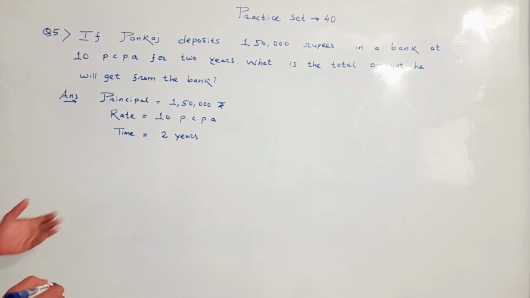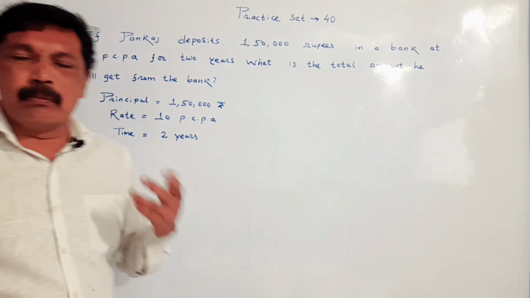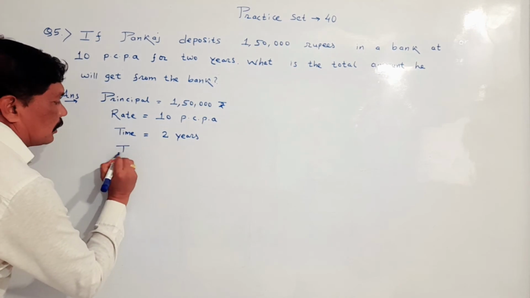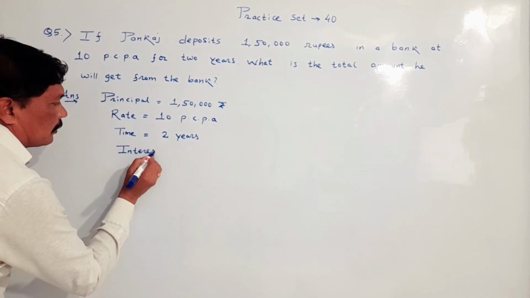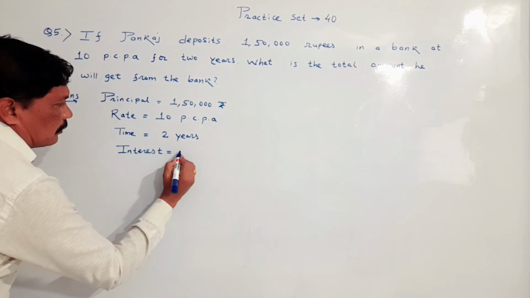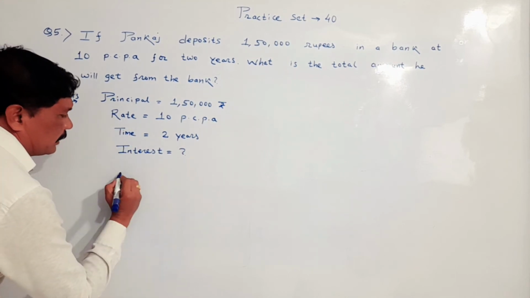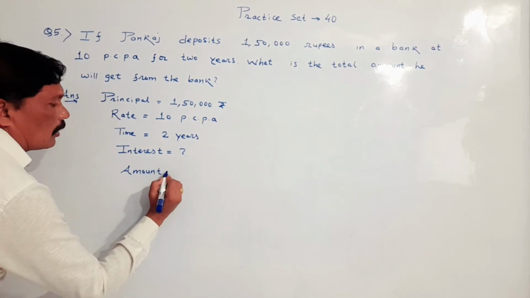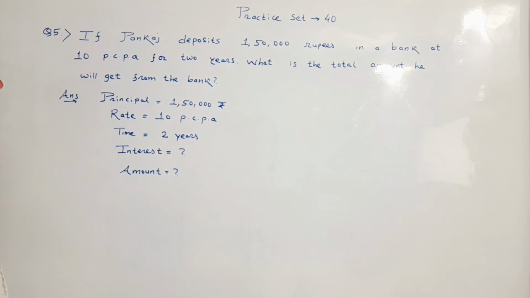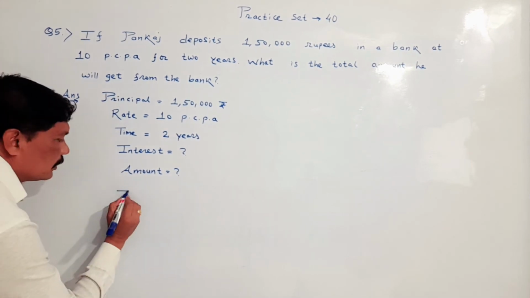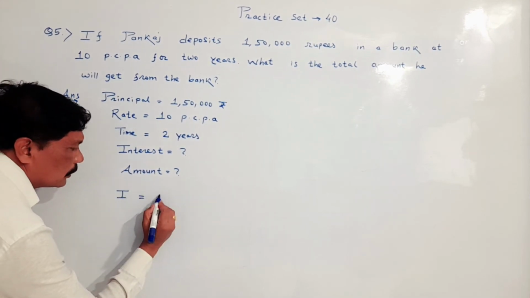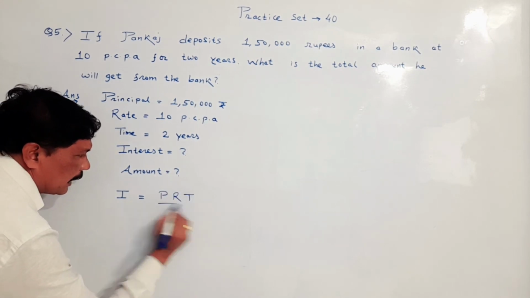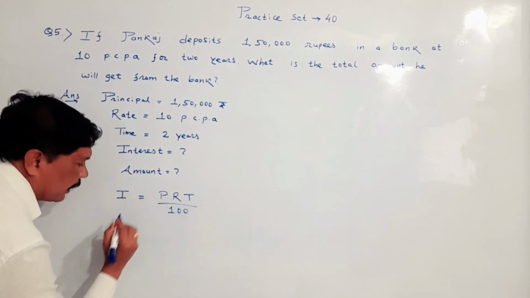Amount is asked. But my dear student, to find amount, we should know the interest. So interest we have to find. From the interest we can find amount. So my dear student, we know interest is equal to principal into rate into time upon 100.